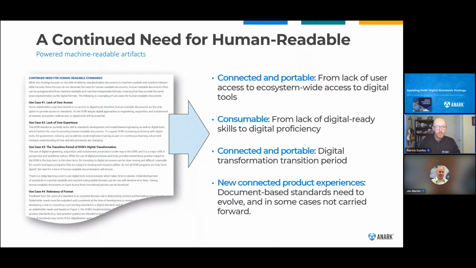Then you have this notion of consumable artifacts. These consumable artifacts, if you think about DoD 5097 and the artifacts listed within that instruction on digital engineering, you go from a lack of digital ready skills with people that are consuming this information to digital proficiency.